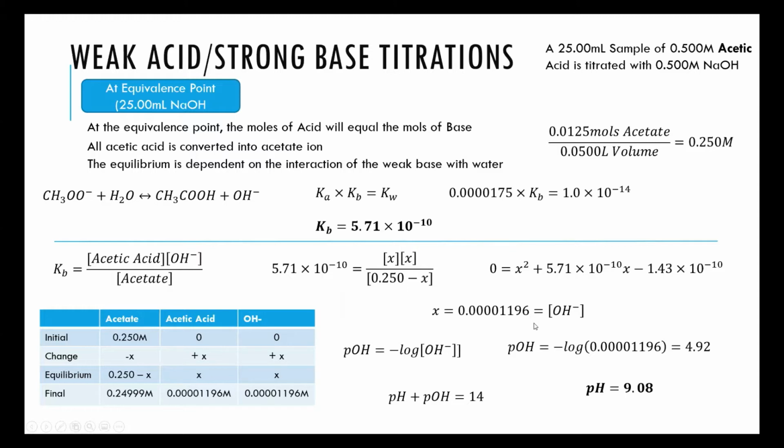That is the concentration of OH minus. And if you have the concentration of OH minus, you can obtain the pOH. And from the pOH, you can subtract that from 14 to obtain the pH value. So under these conditions, at the equivalence point, the pH of the solution of acetic acid will be 9.08.